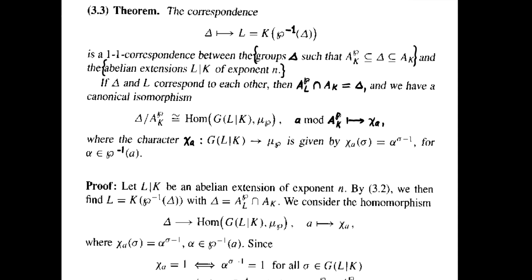Knowing the abelian extension L, you get delta by taking the fixed points of P of AL. So you first calculate AL, and then you take the fixed points, the intersection is AK.